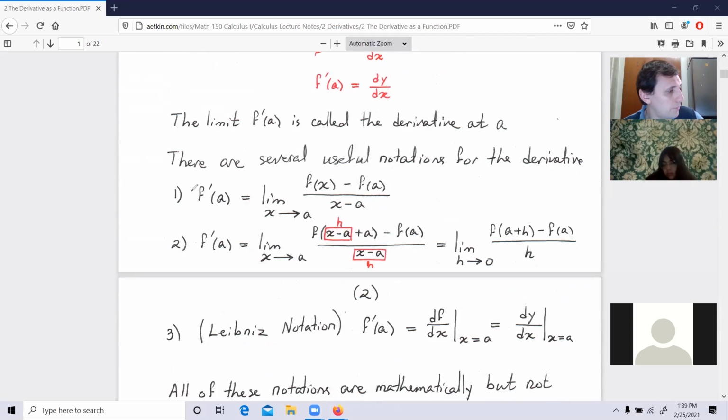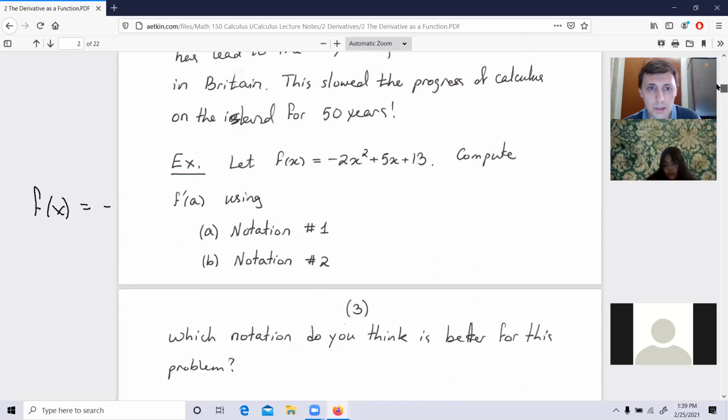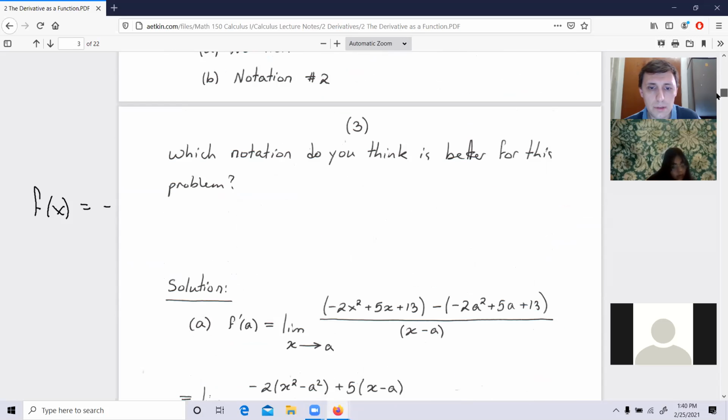I want you to compute f prime of a, where the function is f of x equals minus 2x squared plus 5x plus 13.